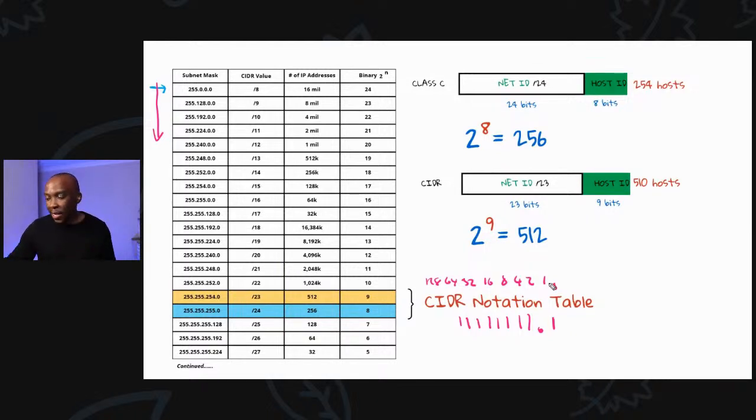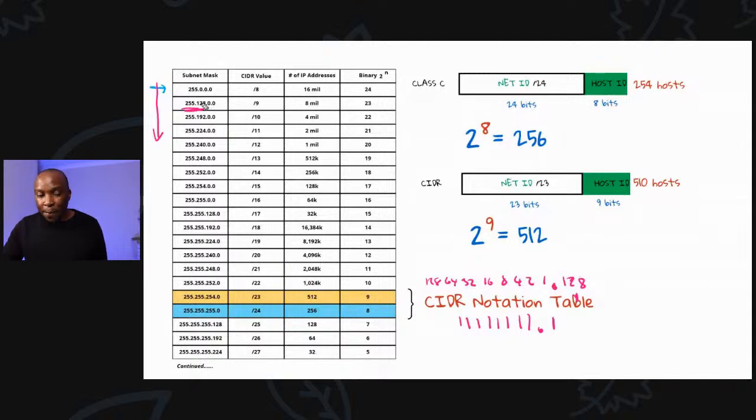Now, when we call it a /9, what's the next value that we're going to encounter? That value is 128. So when we put a 1 here, we are saying we are going to be using that 128. That's why the next value here is 255.128.0.0. And that becomes a /9.